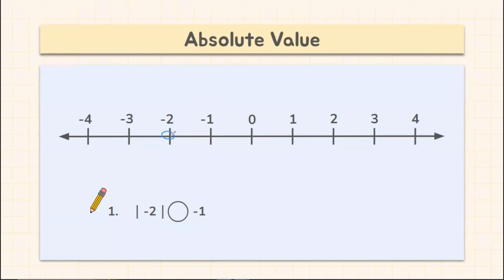The absolute value is how far away it is from 0. So it's 1, 2 away from 0. So the absolute value of -2 is the same as 2. And we're comparing that to -1. So is 2 more than -1 or less than -1? It's going to be greater than -1.